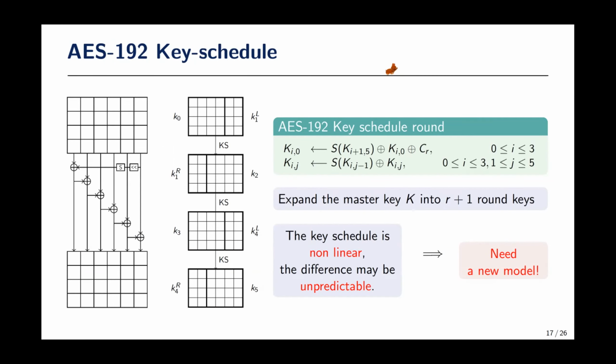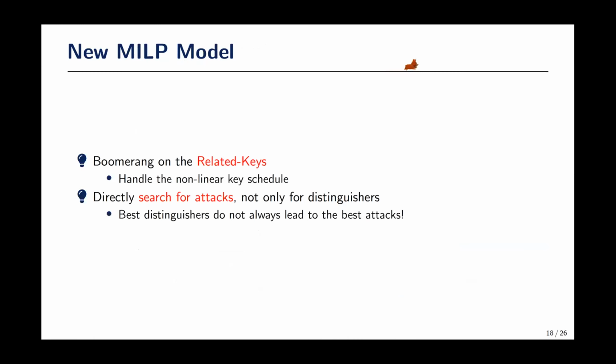So in the new model, to handle the nonlinear key schedule, we use a related-key boomerang, and note that here a small change in the distinguisher may lead to a better attack. So we want to directly search for the attack, not only for the distinguisher.